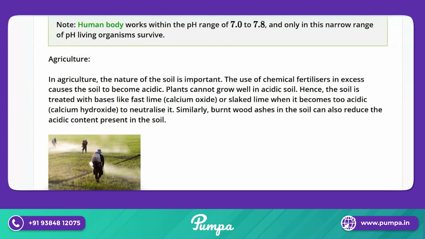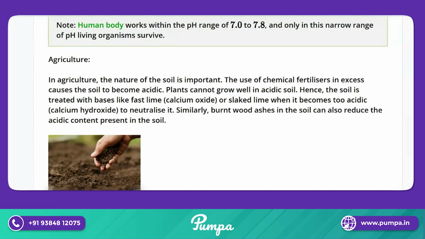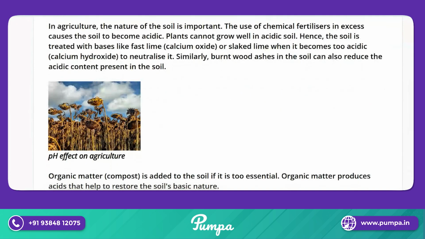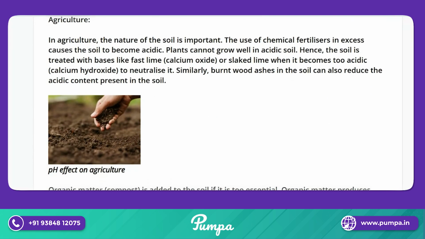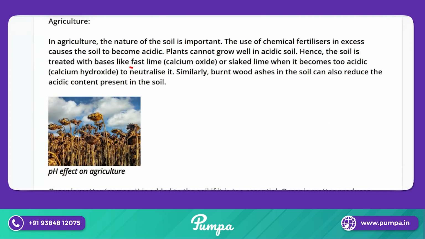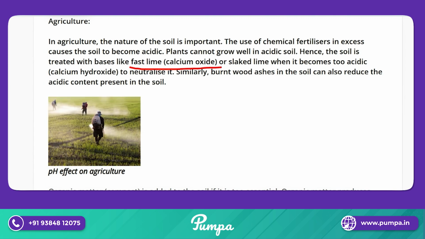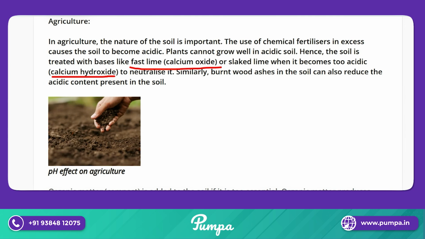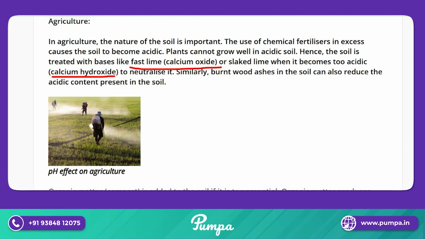So to neutralize that acidity in the soil, what can we do? We can add a base. Yes, ma'am, we can use lime, quick lime or slaked lime. Yes, the quick lime, which is calcium oxide, or the slaked lime, which is calcium hydroxide. இது ஏதாவது யூஸ் பண்ணோம் அப்படின்னா, if the soil is too acidic, it helps to neutralize.